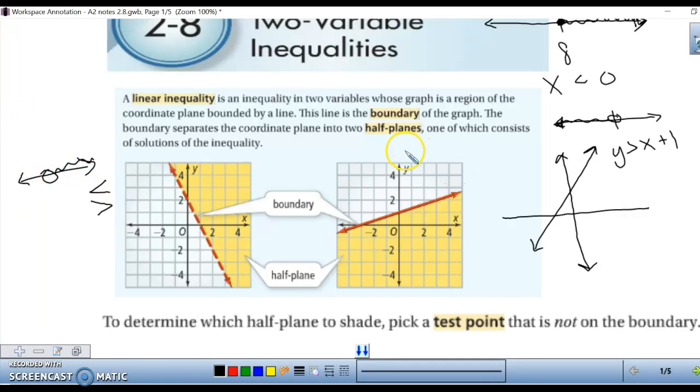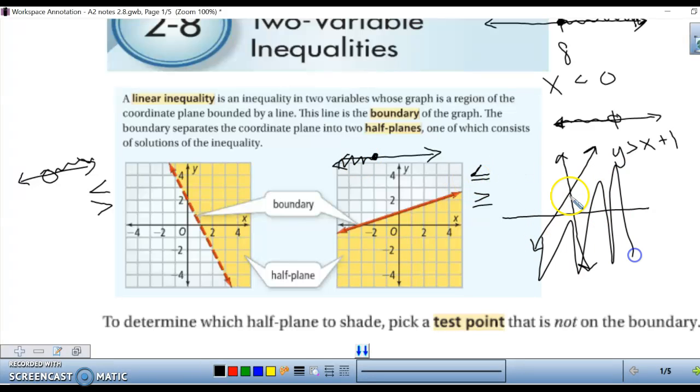And the solid line represents your closed circle, where it talks about greater than or equal to, or less than or equal to. Also notice that there is shading. If there is shading above the line, that means it is greater than. If there's shading below the line, that is less than.